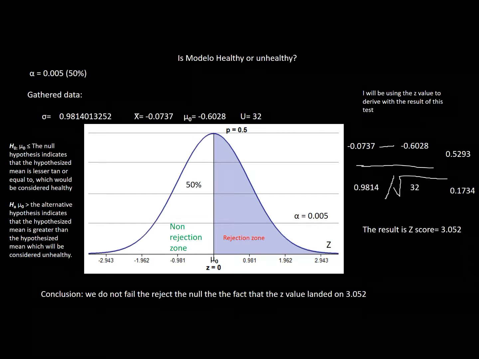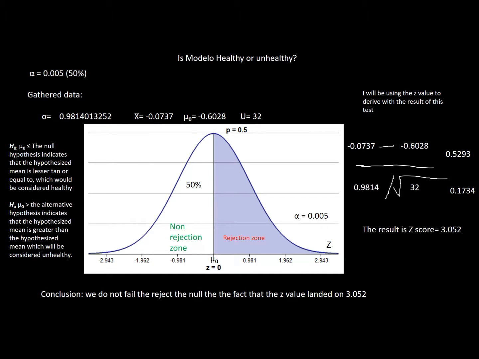Then I took the 5 days average, and that's the meaning of X, the sample mean. Then I took 5 days that you didn't drink any alcohol, close to each day that you drank Modelo, and those were the hypothesized mean, which is like healthy days, because as you can see, they are even healthier than when you drank alcohol. And the quantity of beers that you drank is like 32.